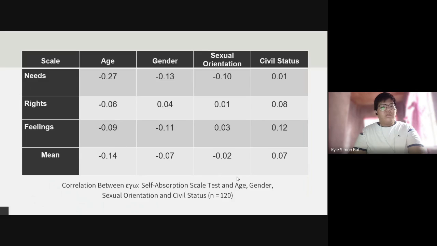We can conclude that people who have social relationships with others are more eager to do self-absorbed things, whether it is for themselves or for others, followed by sexual orientation and gender, with age having the least value.